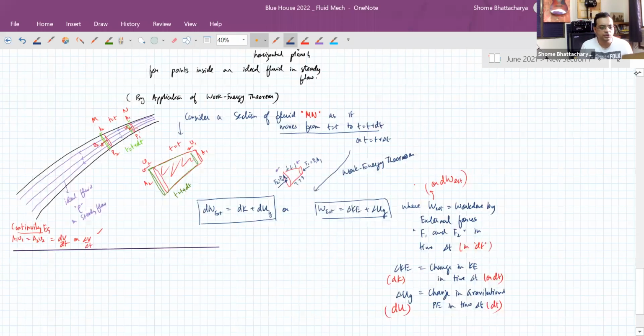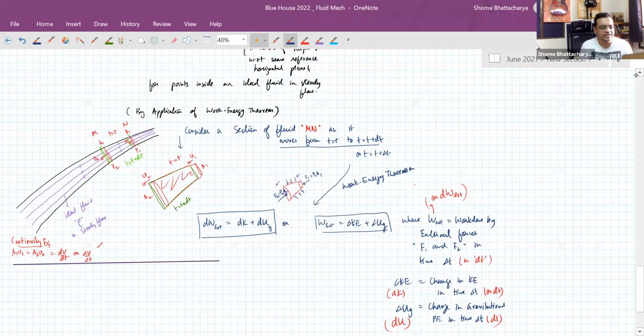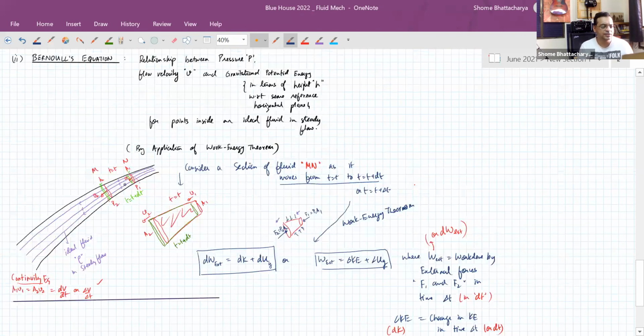So this is the first thing that we'll do. We'll apply the work energy theorem to a section of fluid like this, as it is moving in that small time dt.